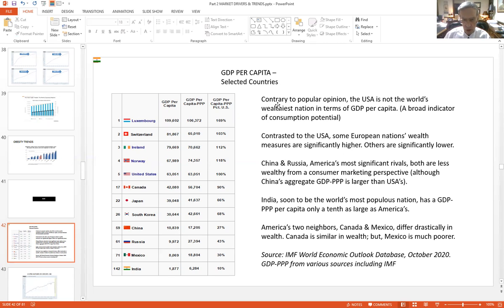It's a small principality, about like a big city in Europe. But in Luxembourg, GDP per capita on a purchasing power parity basis is about 170% that of the United States.